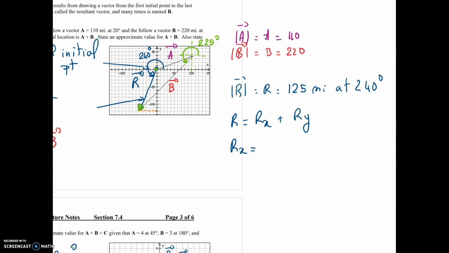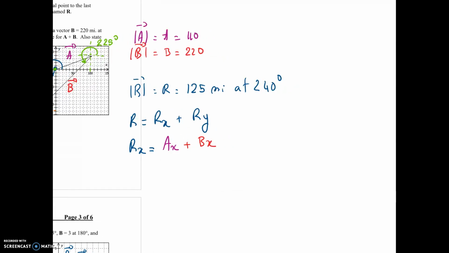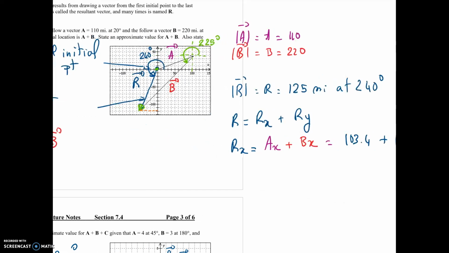So I'm going to have plus Bx, and it's equal to Ax plus Bx, and therefore I'm going to have 103.4 miles plus negative 155.6 miles. Why do I have Bx equal negative? Because if you look, the Bx is right here.